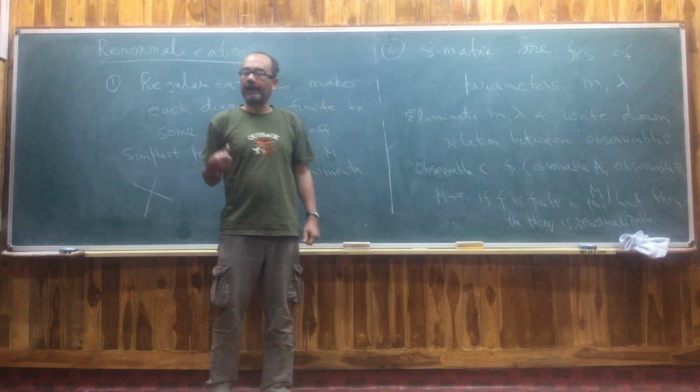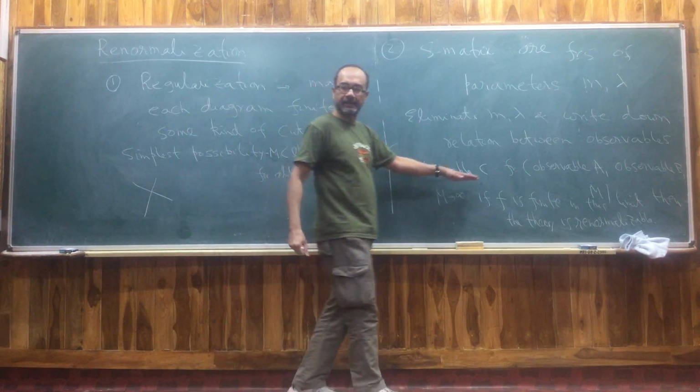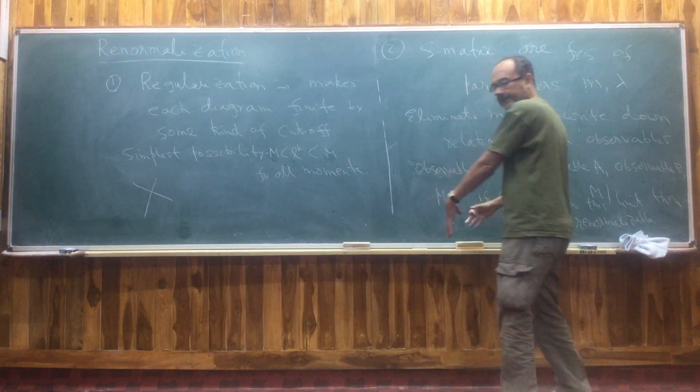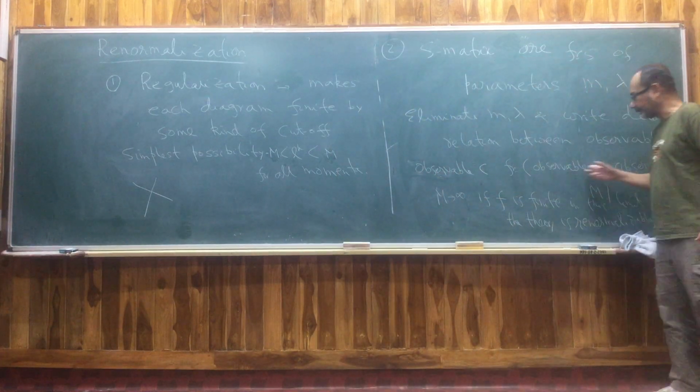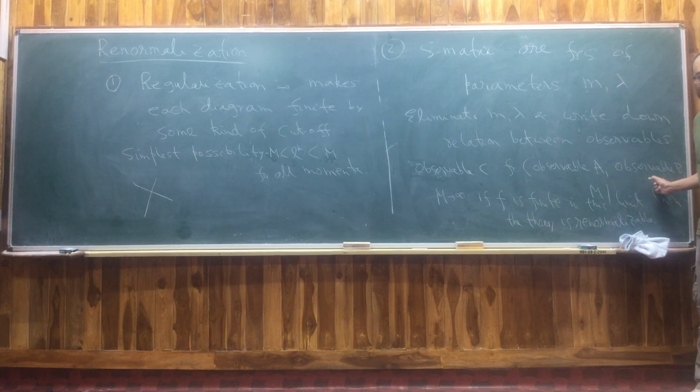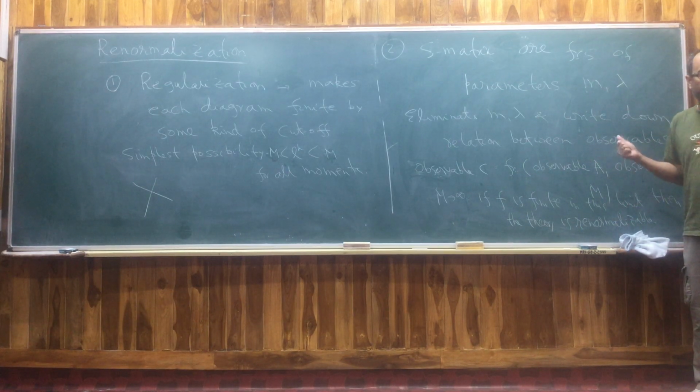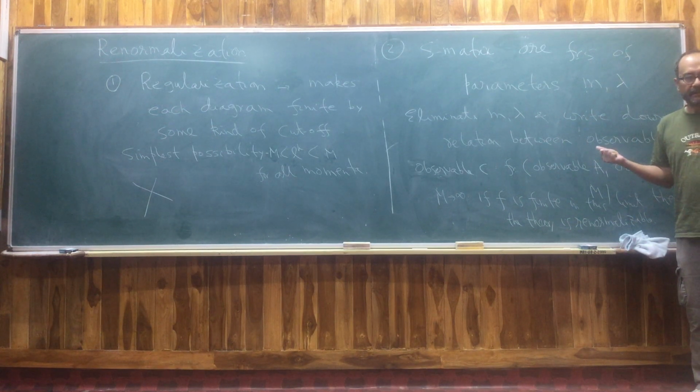And for a theory to be renormalizable, all of these observables you can express in terms of these two observables, and M. All of these functions have to be finite as capital M goes to infinity. Not one function or two functions.